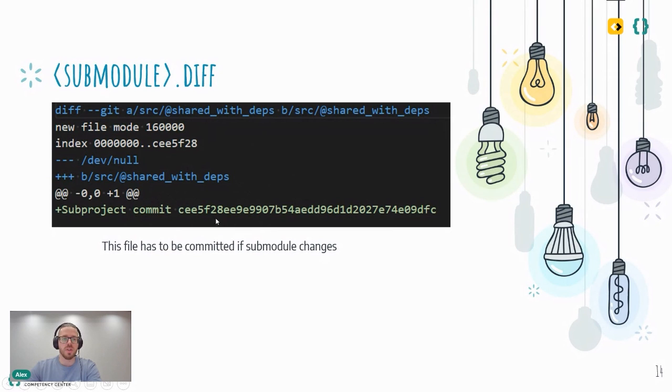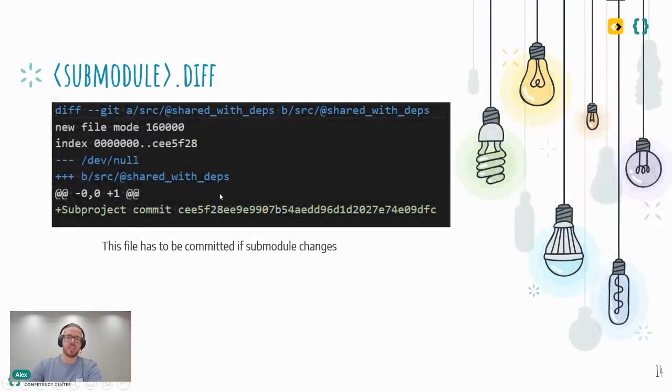Specifically, we see here that commit CEE5 has been chosen. So right now, your main repository in the submodule folder sees the content of this commit. And every time you do something, if you want to keep the result saved, you'll have to commit this file along with other changes that you might have made in your main repository.